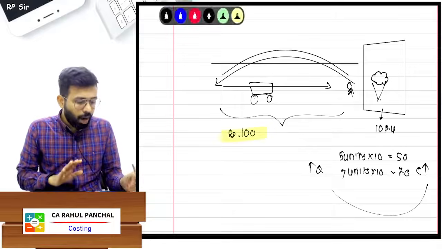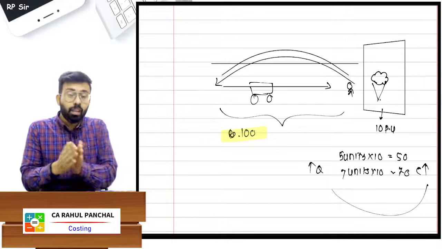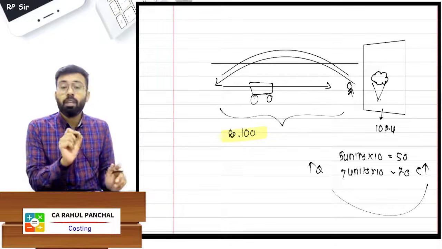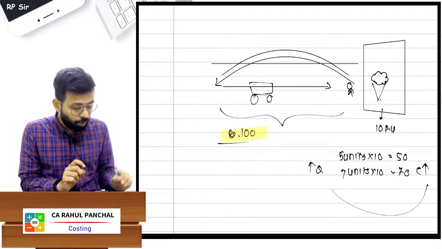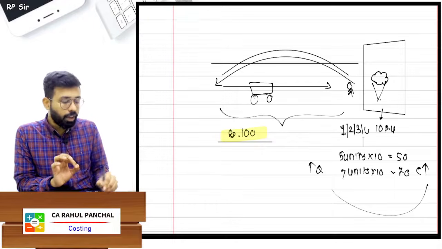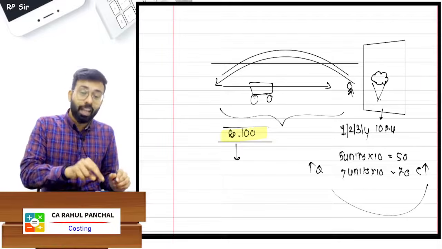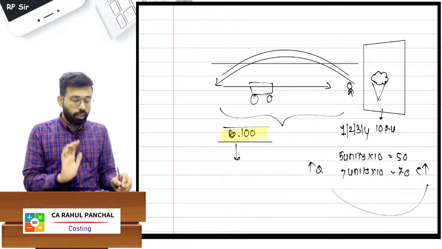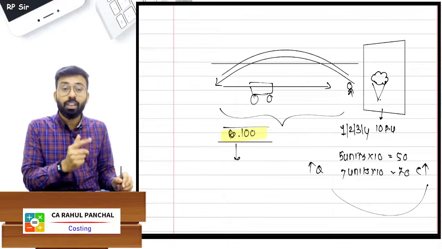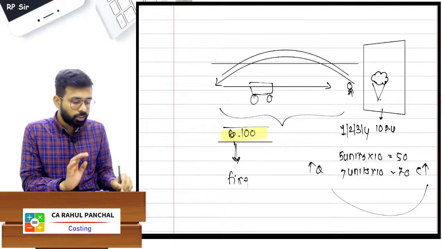It does not matter how many ice creams you buy; irrespective of the number of ice creams, this cost will remain 100 only. Whether you buy 1, 2, 3 or 4 ice creams, this cost will remain 100. It means this cost does not have any relation with the production or the units; it will remain 100 only. So this will be known as a fixed cost.